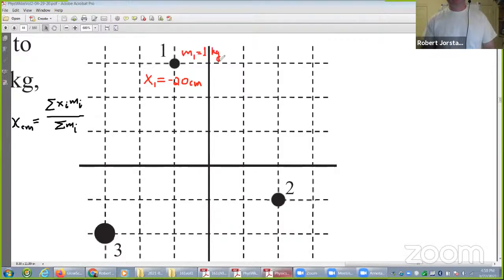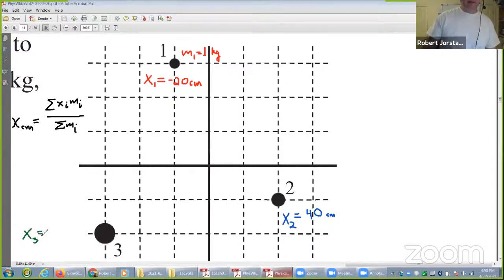All right. Ignore sig figs for the minute, just to save time writing. So x2 is going to be what? 40 positive centimeters, because it's a position. It has units of centimeters in this case. And finally, we have x3 down here.